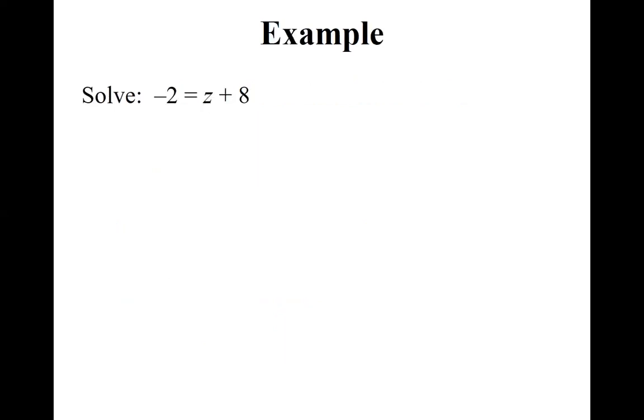So here, negative 2 equals z plus 8. The z is on the right. So this one, we're going to get number equals z. And that's okay. It doesn't have to be z equals number. They mean the same thing. To get the z by itself, we want to get rid of plus 8. We undo plus 8 with minus 8.